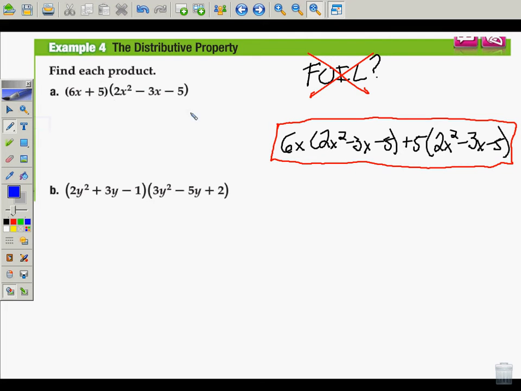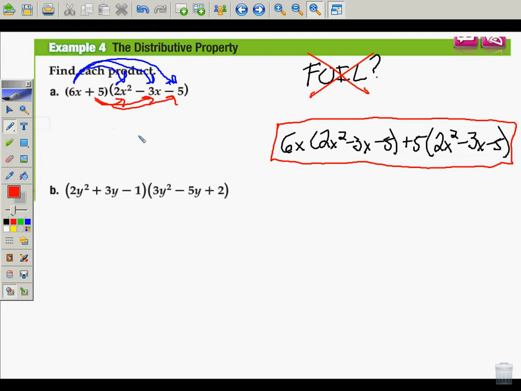By saying that, I mean I've got to take 6x and distribute it to each of these things inside the parentheses, and then I'm also going to have to take my 5 and distribute it to each of the pieces inside the parentheses. And actually, this is what you're doing when you FOIL something with two binomials.